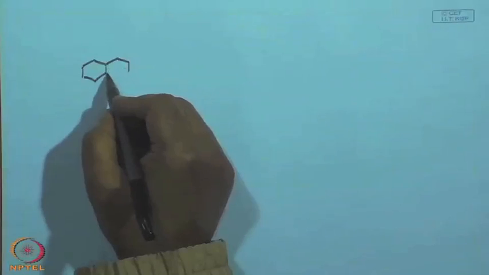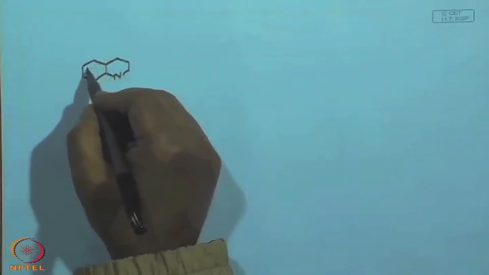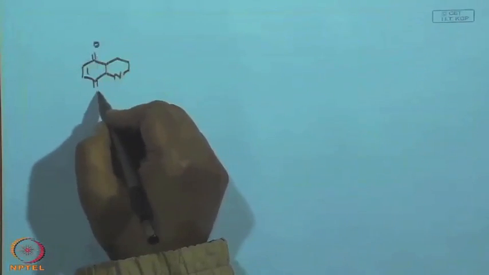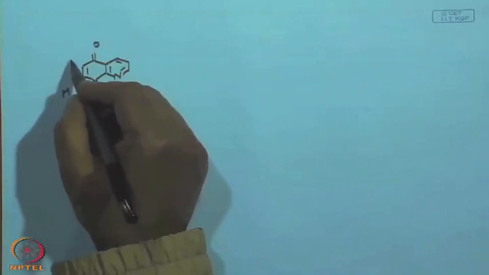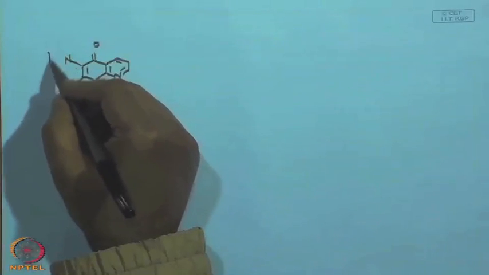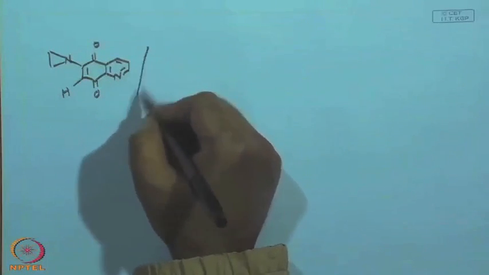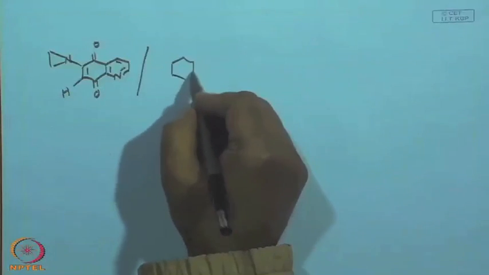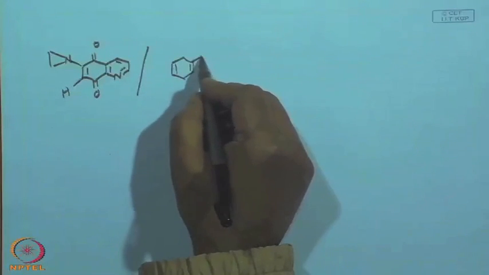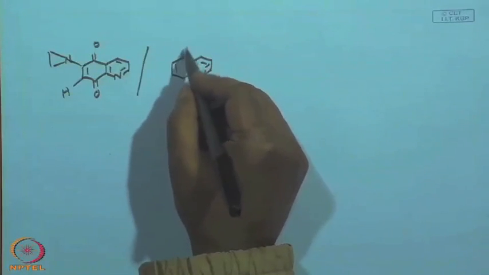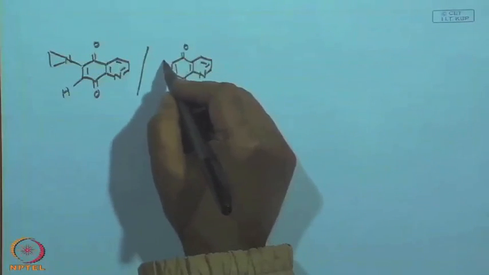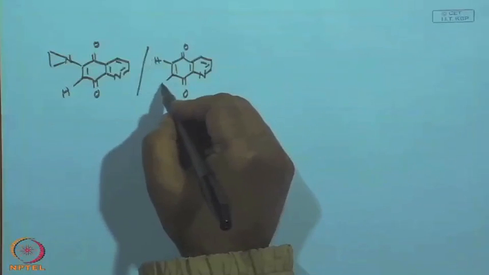Again it is a quinolone kind of derivative, a heterocyclic quinone, and you have a hydrogen up here and it is an aziridine kind of structure. Similarly, you have again a quinone with a pyridine nucleus, just interchanging the position of the aziridine and the hydrogen.